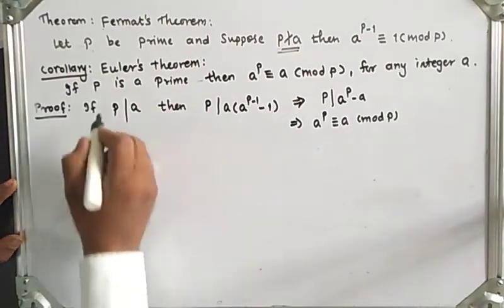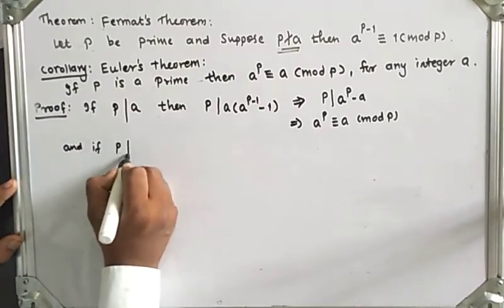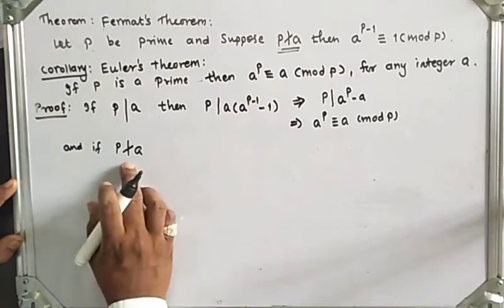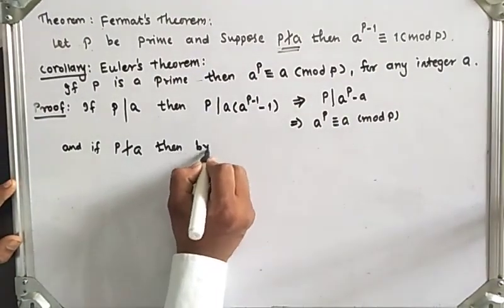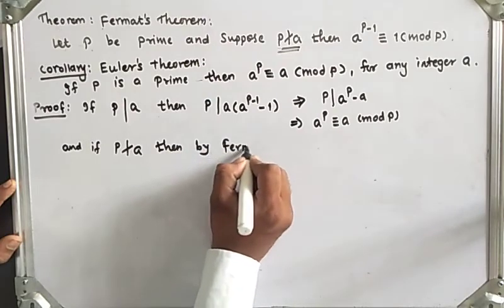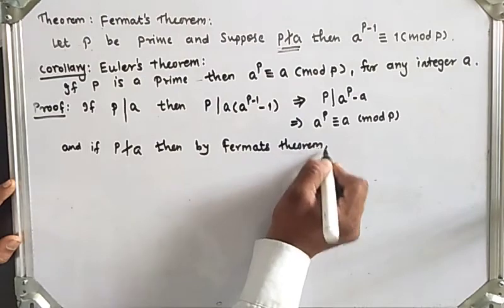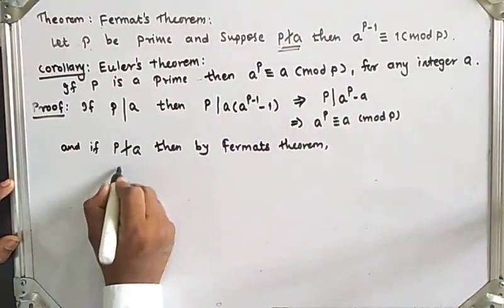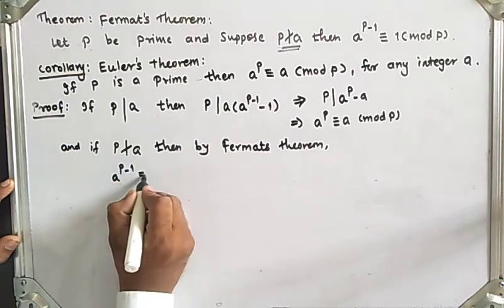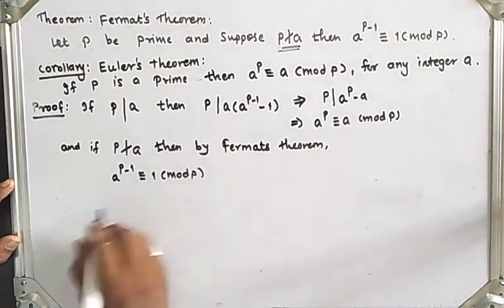Now if p does not divide a, then by Fermat's theorem, what will we get? A raised to p minus 1 is congruent to 1 modulo p, right?